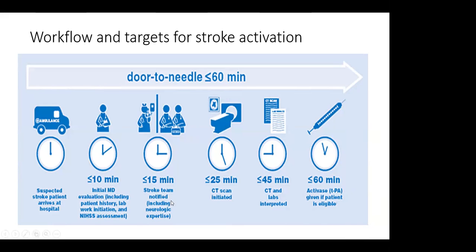Within 15 minutes, the stroke team will be notified, including the neurologic expertise. In less than 25 minutes, a CT scan should be initiated. Within 45 minutes, the CT and the lab report are interpreted. And by 60 minutes, tissue plasminogen activator is given to the patient who is eligible for it.